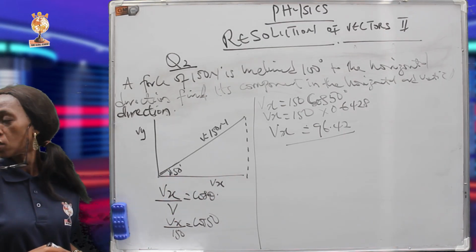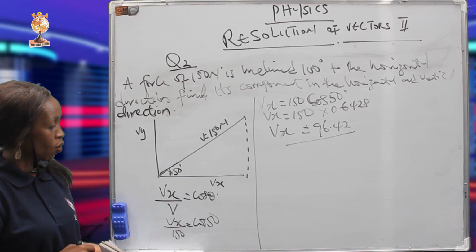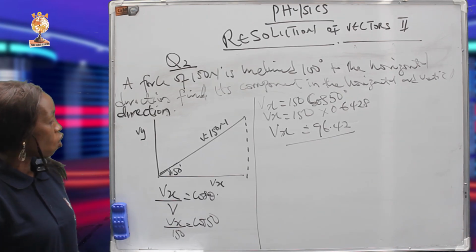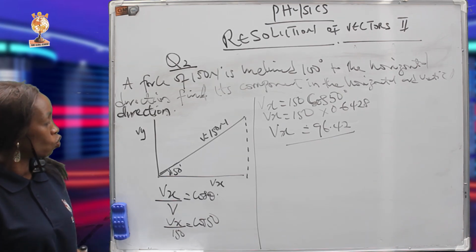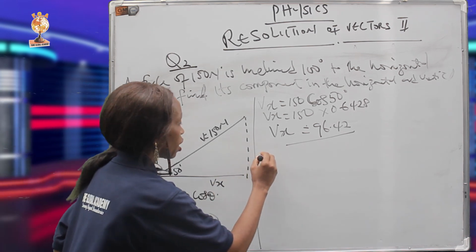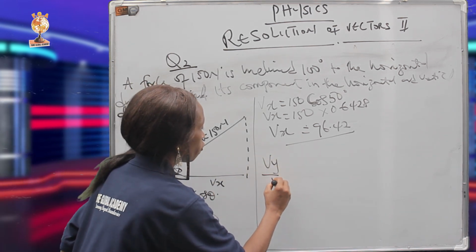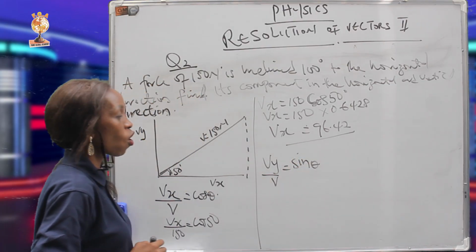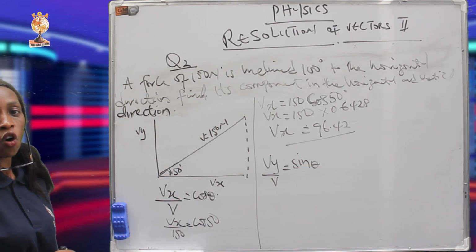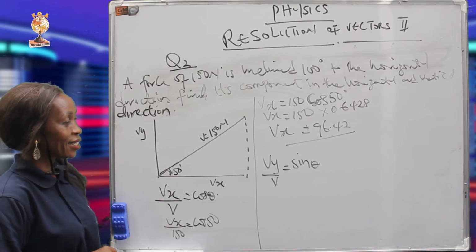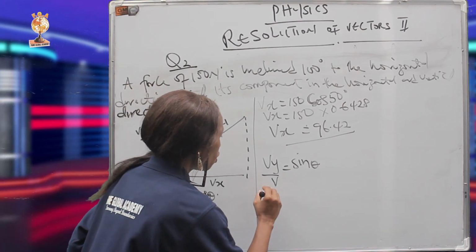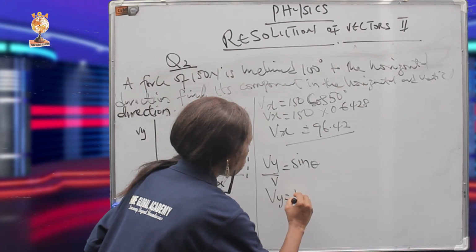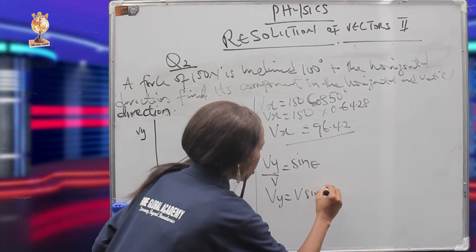Now, having done that, on the vertical component also, we continue the same way. Vy all over V is equal to sine theta, because all the vertical components, all the y components are sine theta. So you have Vy, if you cross multiply, becomes V sine theta.